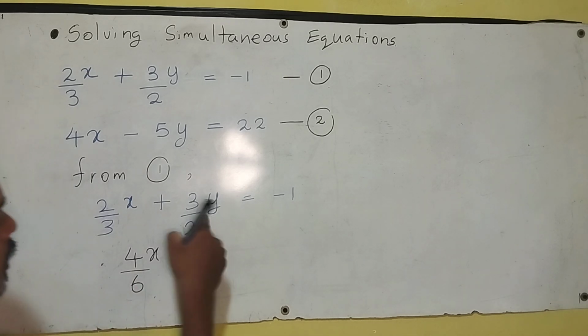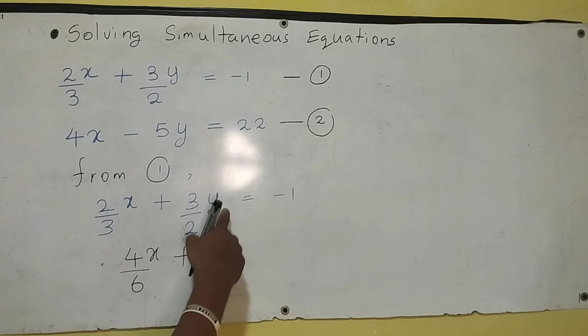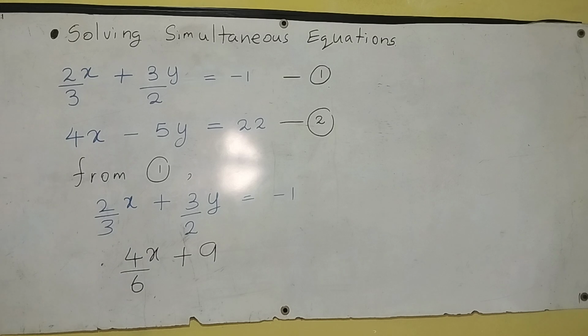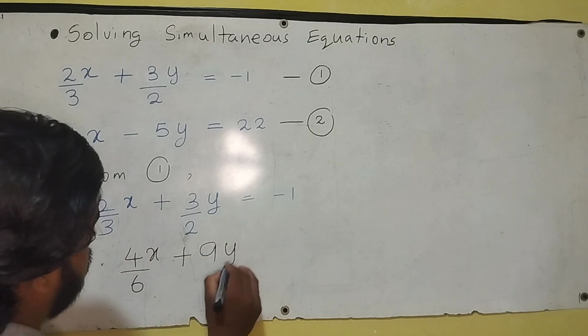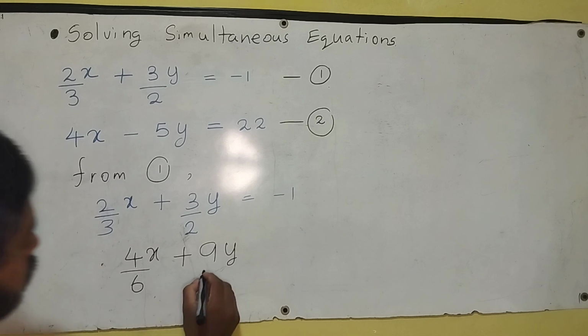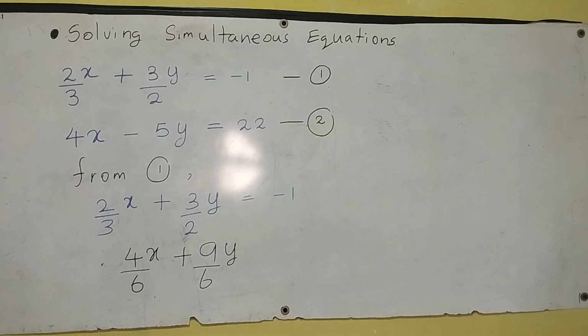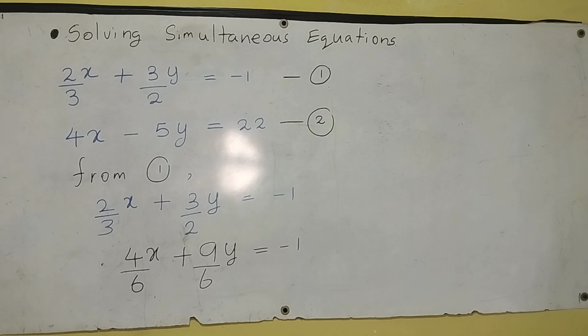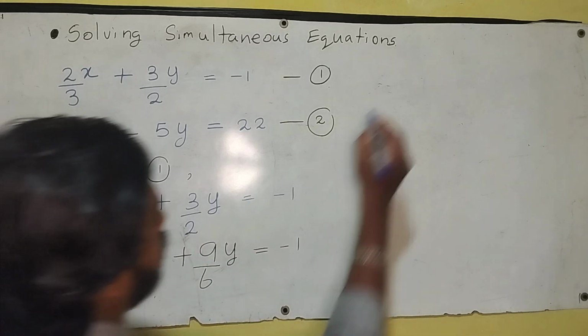Now, what happened in this place? 3y multiplied by 3 is 9y. Now, 3 multiplied by 2 is 6, equal to minus 1. Okay. Now we have a common denominator.